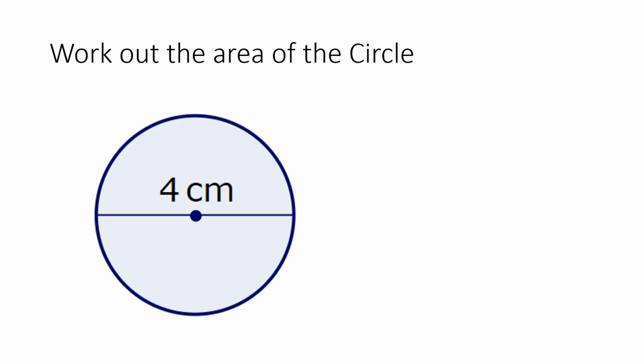What about something like this? This one we're told to find the area of a circle, but for this one we're told that the diameter is equal to 4. So all we're going to do first is we need to work out the radius, because the diameter is just 2 times the radius.